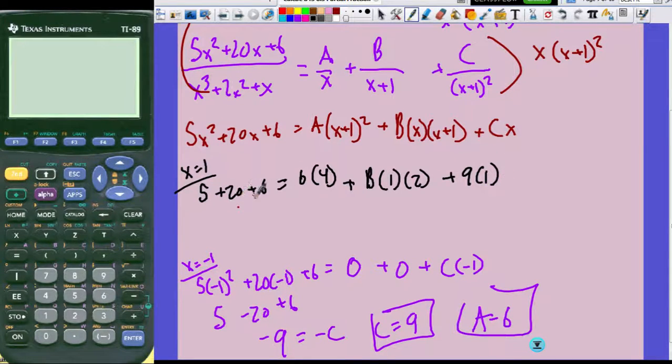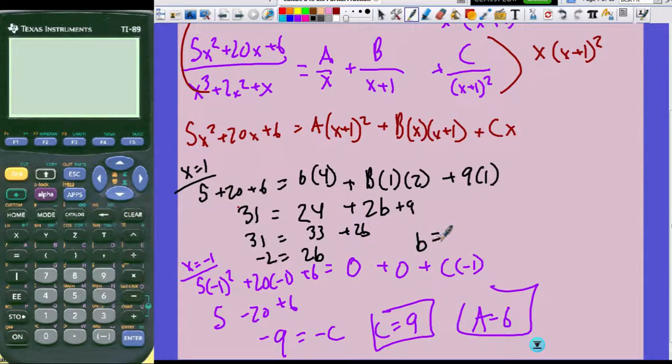Doing the math here, 5 plus 20 plus 6 is 31 equals 24 plus 2b plus 9. 24 plus 9 is going to be 33 plus 2b. Subtract 33, get negative 2 equals 2b. So b equals negative 1. All right, I got everything. So I can write my final answer.